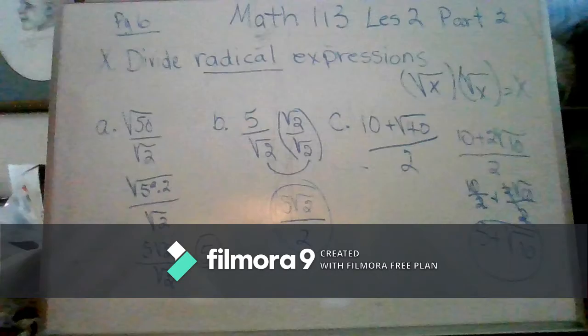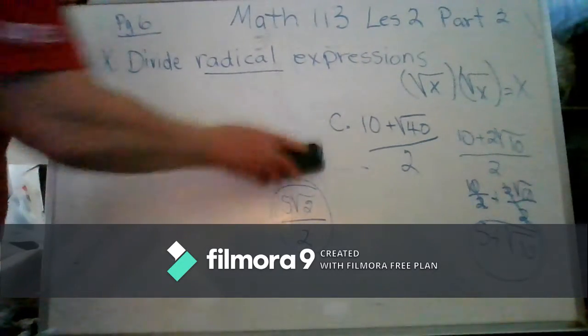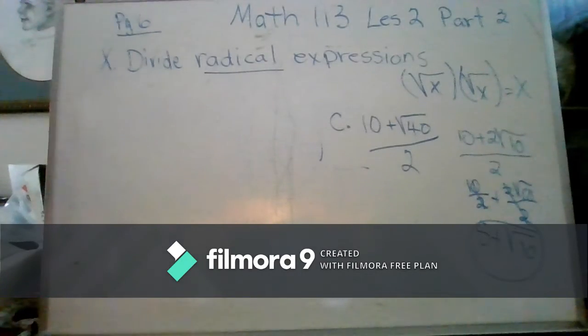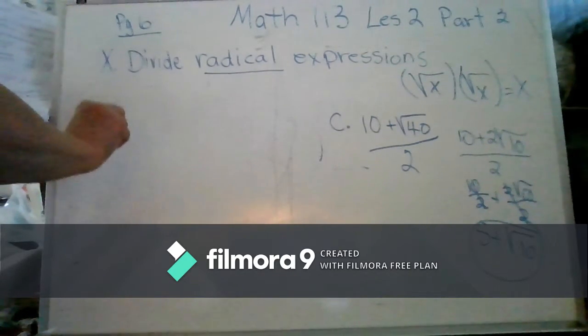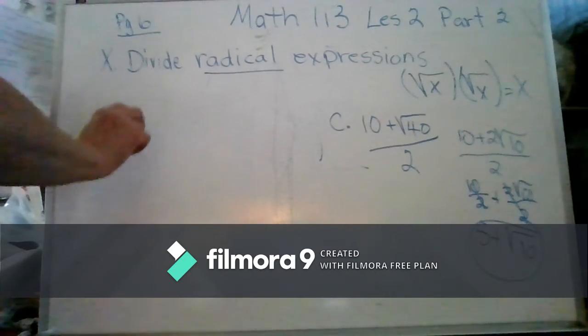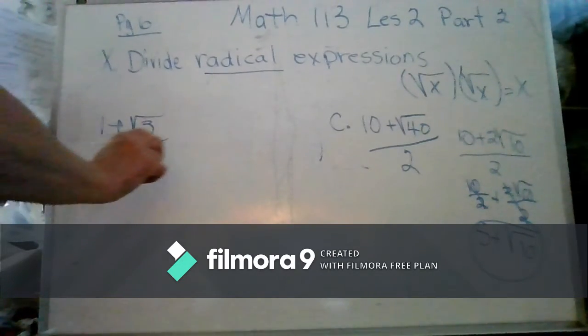Okay, I'm going to come back over here and erase this so that I can do example D on here, which is 1 plus the square root of 3 divided by 2, subtract the square root of 3.